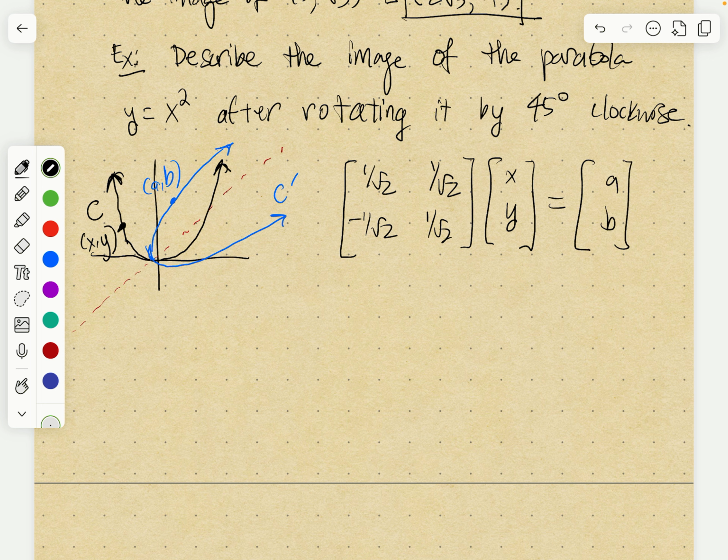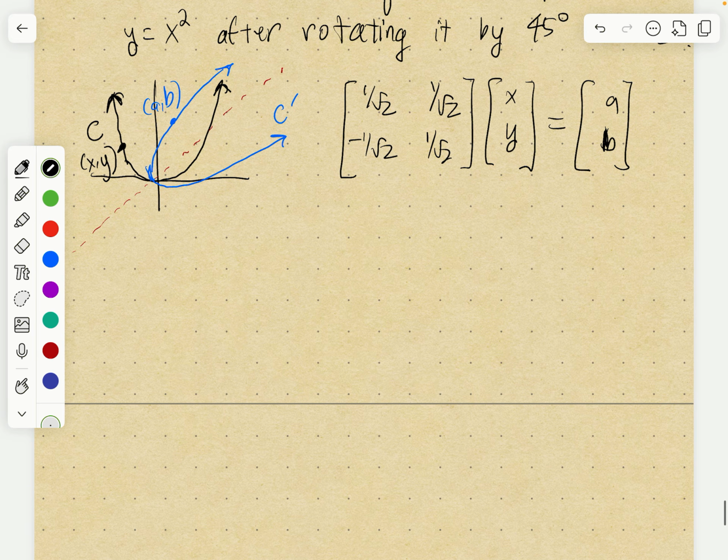And so therefore, how can you get xy from AB? If you have the point AB, what can you do to it to get xy? In terms of rotation, you would rotate by 45 degrees counterclockwise, right?